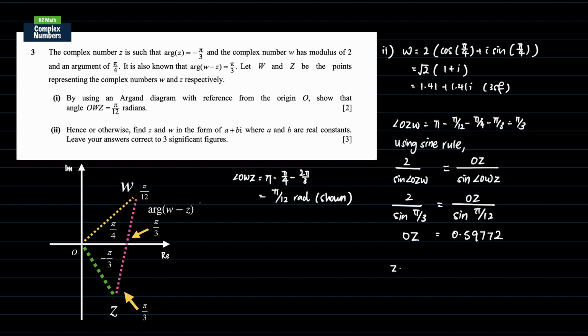So substituting back to the trigo form, Z is equals to 0.59772 because that is the modulus. Open a bracket, cosine minus pi over 3 plus i sine minus pi over 3, and simplifying, we will have the form 0.299 minus 0.518i. Now this is the Cartesian form of the complex number Z.